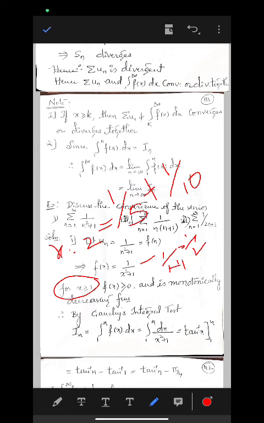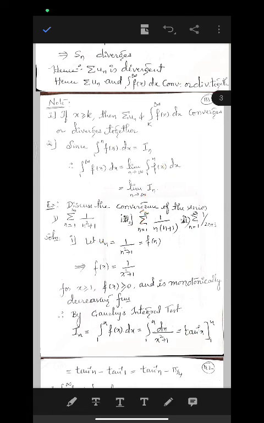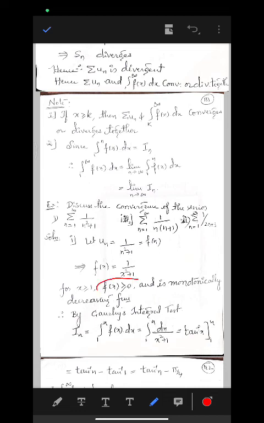1 divided by 10, next 1 divided by 17. Yes, very good. So now tell me whether the elements of f of x are positive or negative. Very good, so here f of x is greater than or equal to 0. Now check whether it is monotonically decreasing or not.